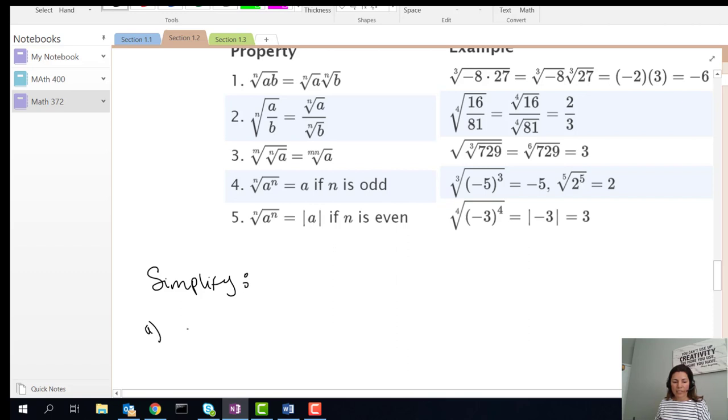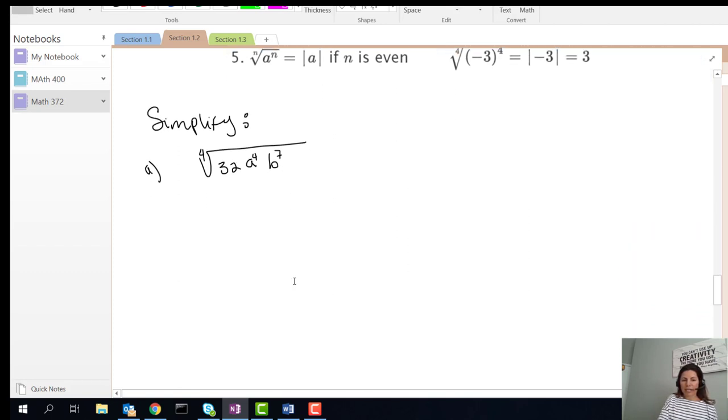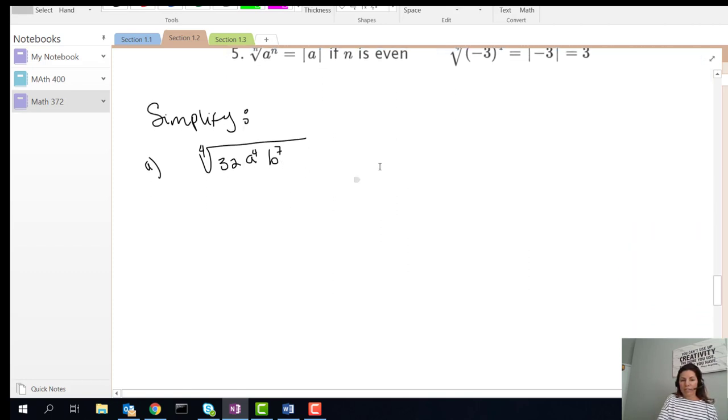and we'll start with the fourth root of, say, 32 a to the fourth b to the 7. So the idea here is we want to be able to find perfect fours. So since the index of the radical is 4, we want to make the exponents match.